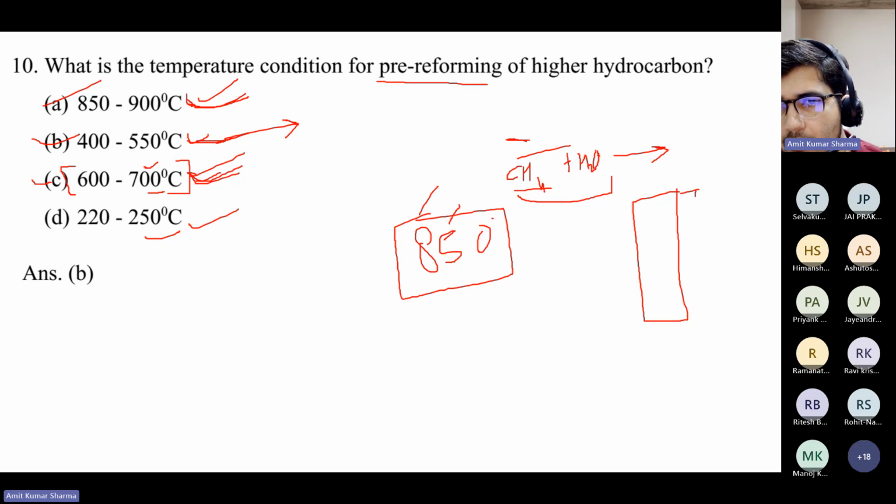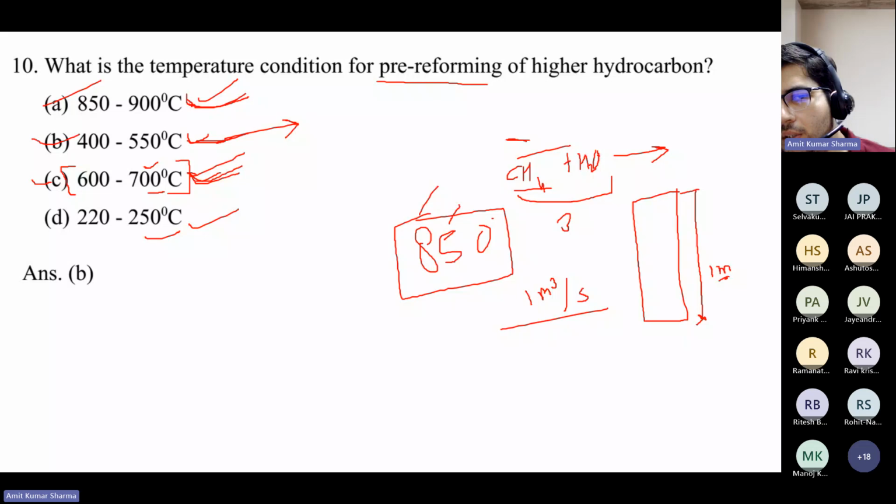Suppose my reactor length is 1 meter, and I have calculated that with a length of 1 meter and a particular amount of catalyst, consider any amount, this reactor is sufficient if the flow rate of the methane is 1 meter cube per second, and the steam to carbon ratio is 3.0.